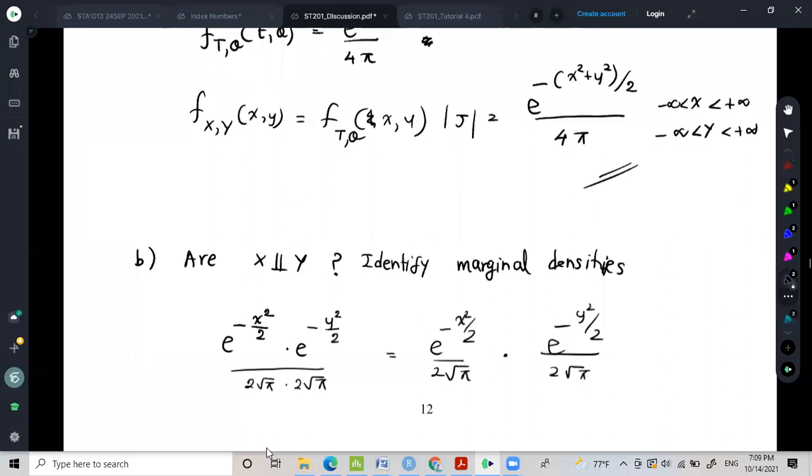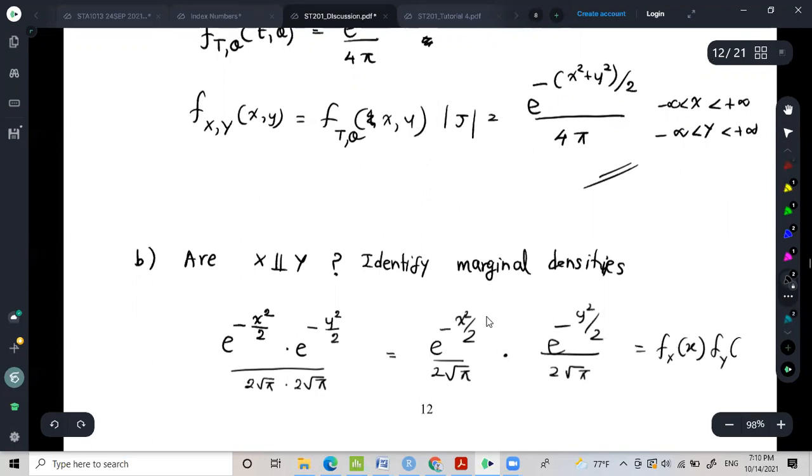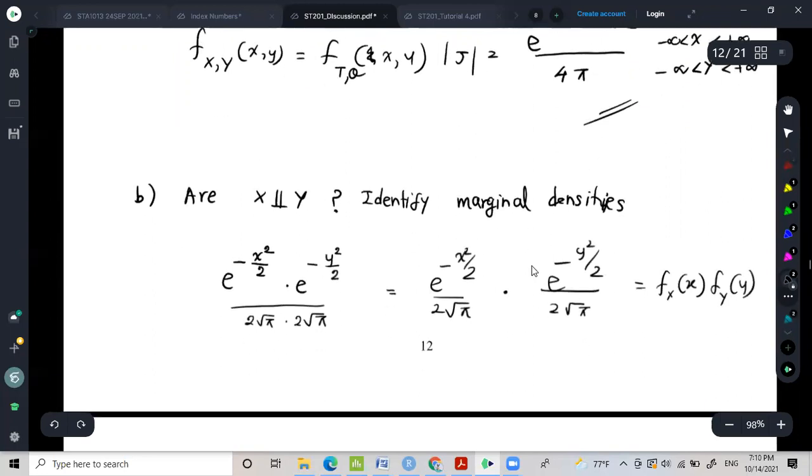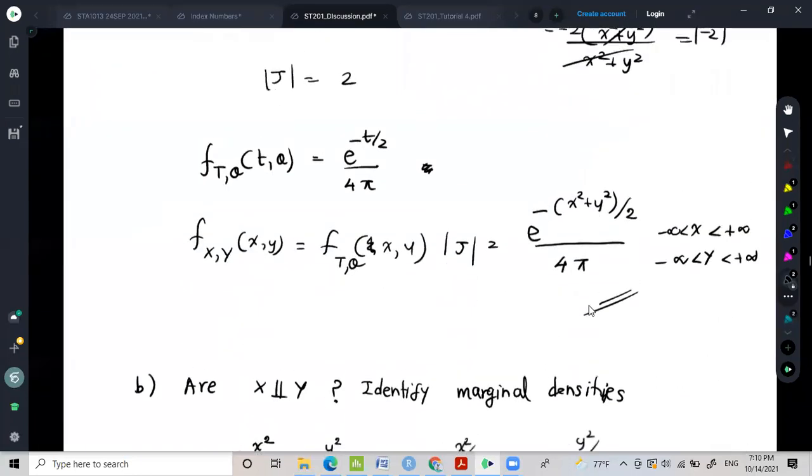So can any of you identify this distribution? You have split it into f_x and f_y actually, right? So two functions. Can you identify these two distributions? Oh, hold on, we didn't multiply by 2.